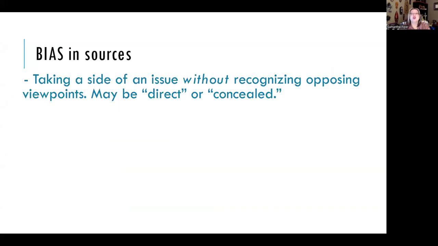Now, what about the sources? How do we see this happening? This supported, unsupported, where's the bias? How's that work? So when we see a source taking a side without recognizing opposing viewpoints, that's definite bias, where it's a one-sided argument.